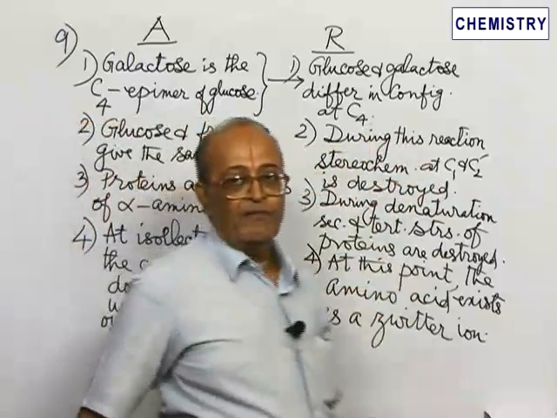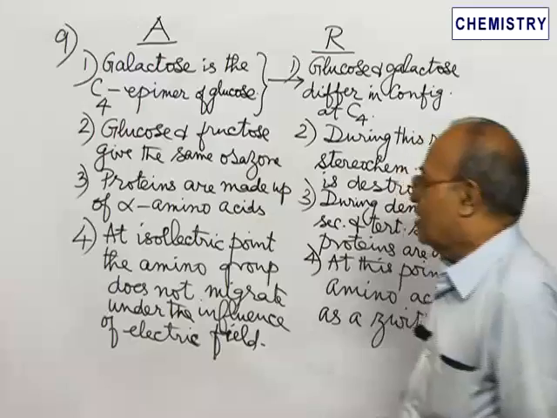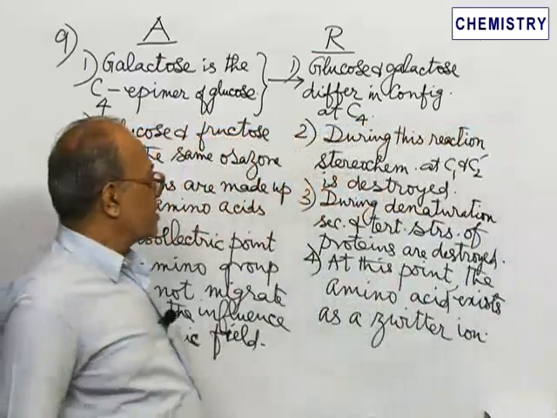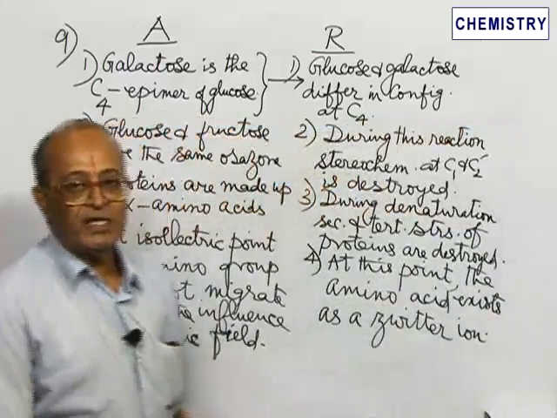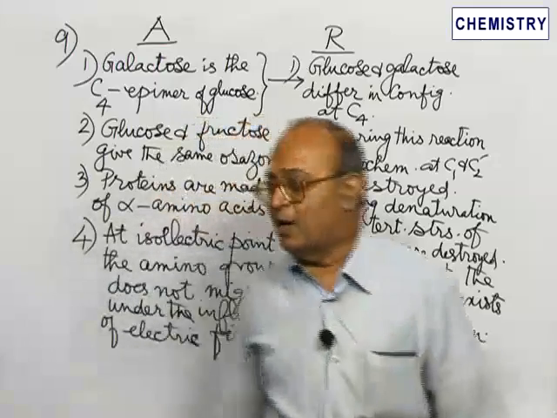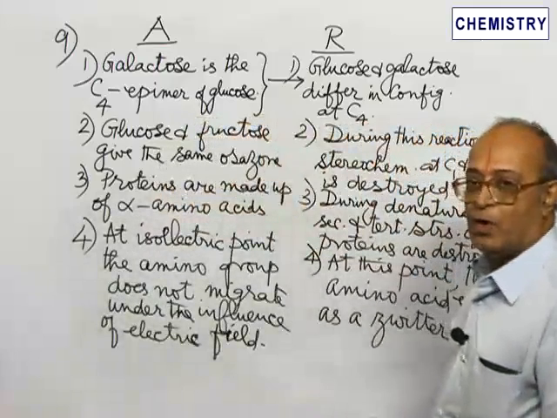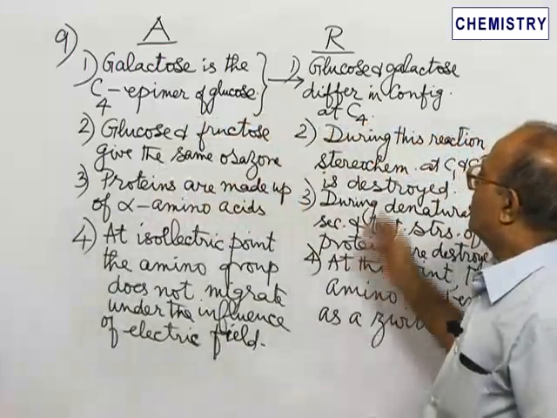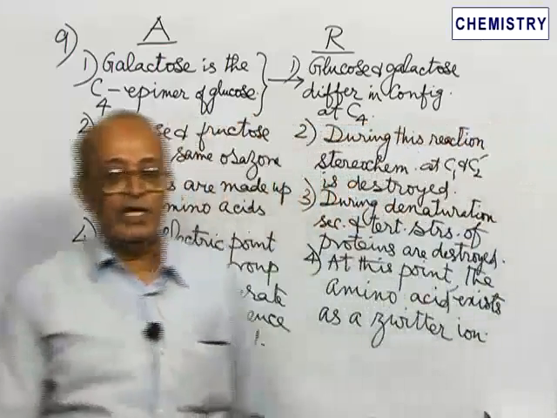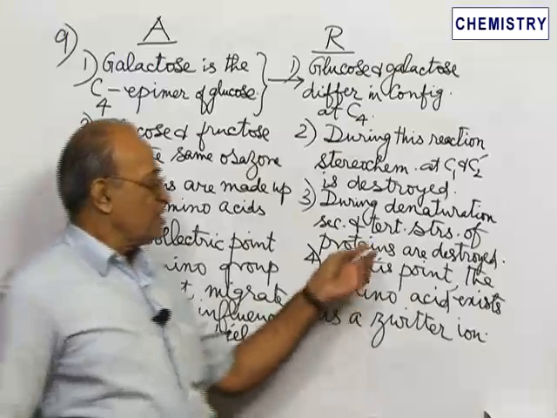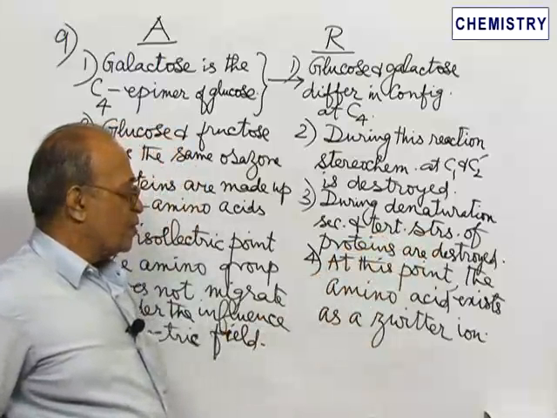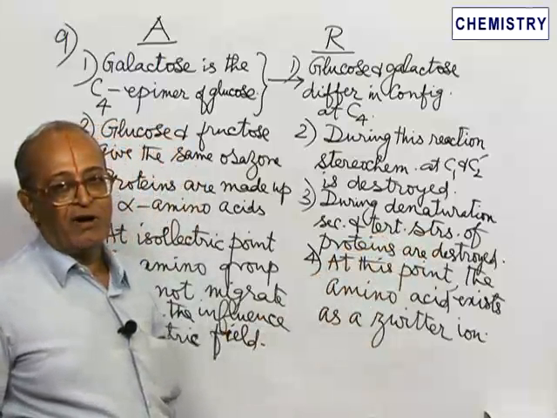All right. Third, proteins are made up of alpha amino acids. It is a correct statement. What about the explanation given for this? During denaturation, secondary and tertiary structures of proteins are destroyed.